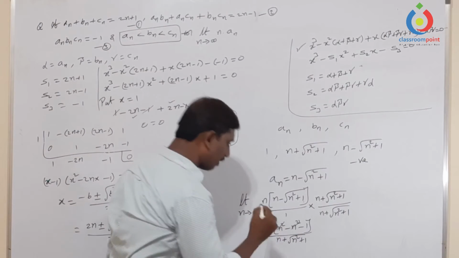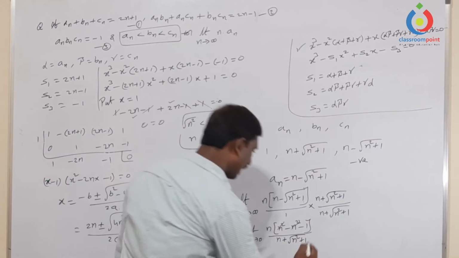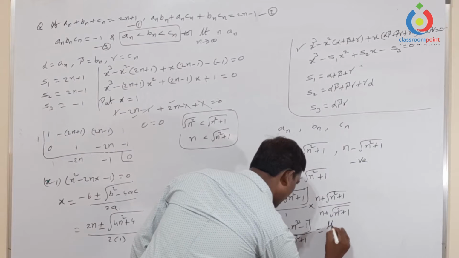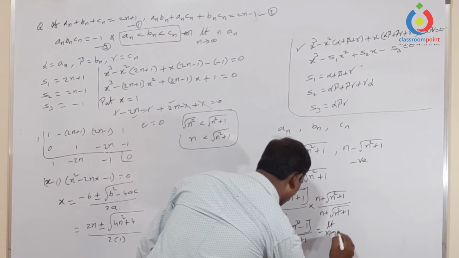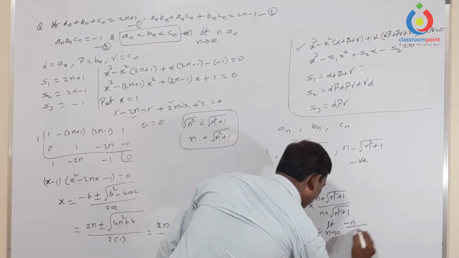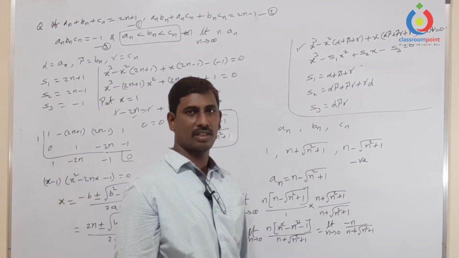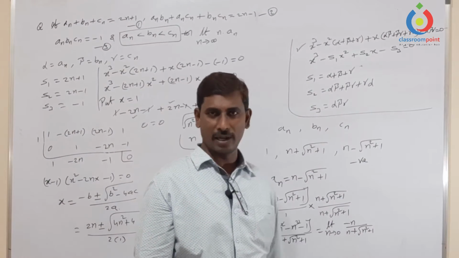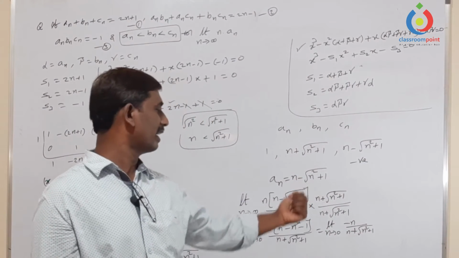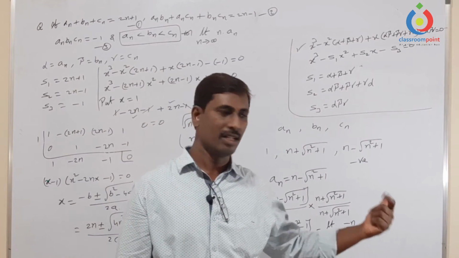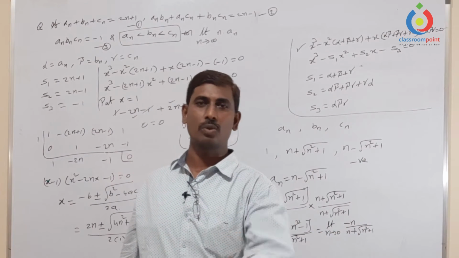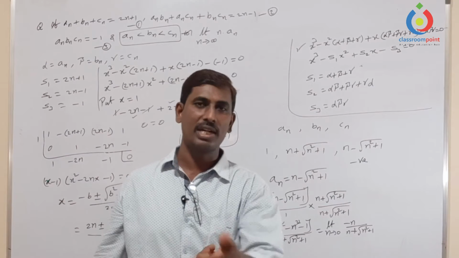n square and n square will cancel. The remaining we have here is limit n tends to infinity of minus n by n into n plus root over n square plus 1. Here check one thing: the degrees of numerator and denominator are both equal. Then the result is the quotient of the leading coefficients, that is the answer.